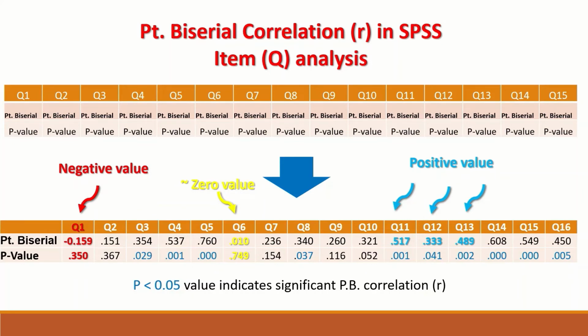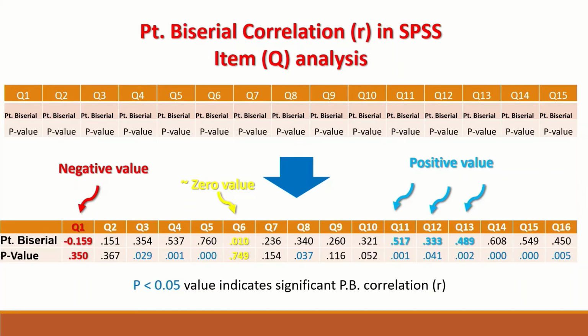As we can see here, for each individual question there is a point-biserial value calculated and a p-value, for question number 1 to question number 15. Again, here we have the questions with their point-biserial value and p-value.